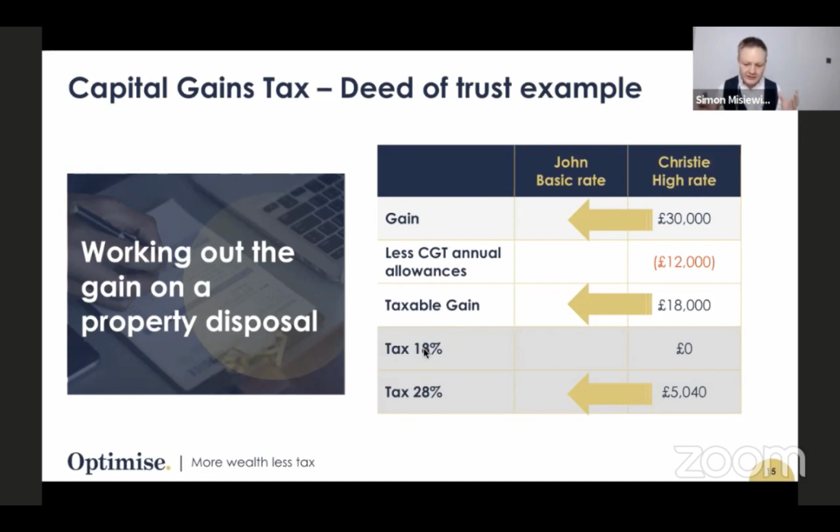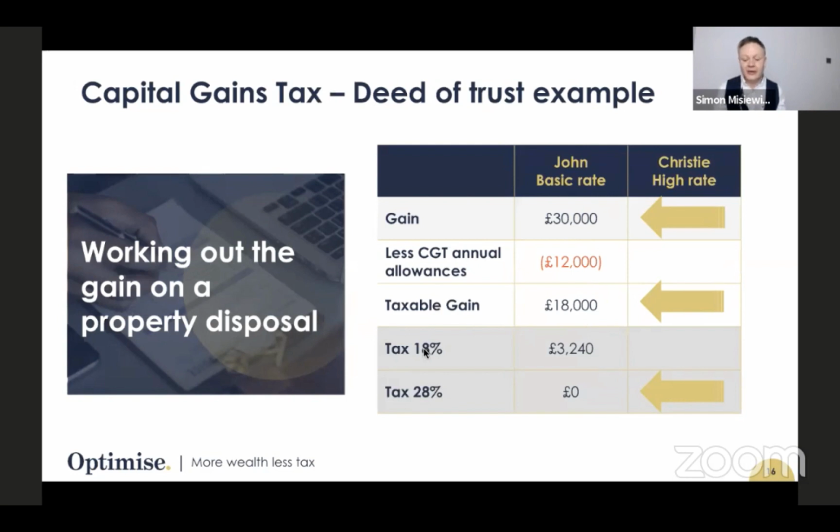John, in this position, would then have the £30,000 gain, and he's got a tax bill of £3,240. That's less than what Christy would have had to pay. That's brilliant. The 18% or whatever it was on that survey who do get tax advice may have got this tax advice here, but it's not the right tax advice.